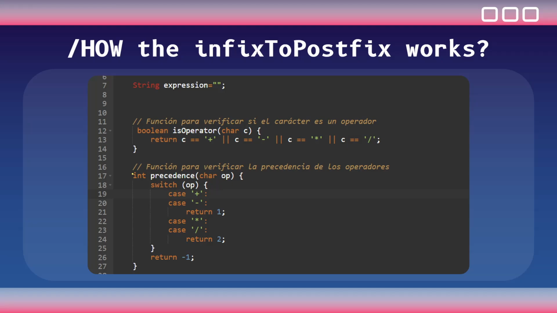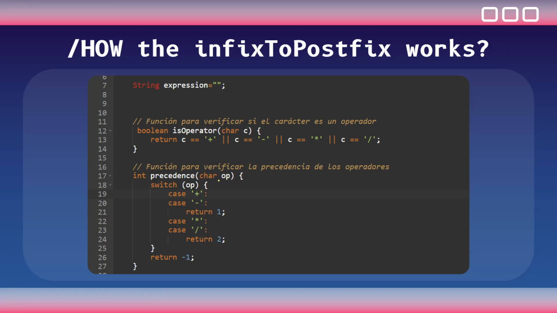So we have another function, a method that returns an int, precedence. Precedence will evaluate another char.